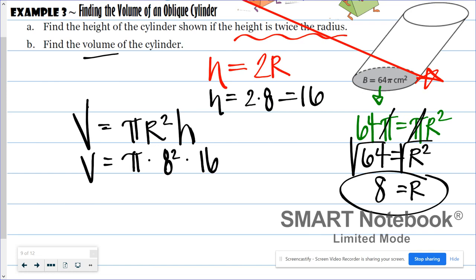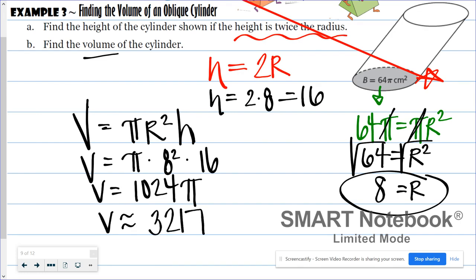I can multiply all those things together. 8 squared times 16 is 1024. Attach the pi because I haven't multiplied by it. Throw that into my calculator, and I get approximately 3,217 cubic centimeters for the volume of my cylinder.